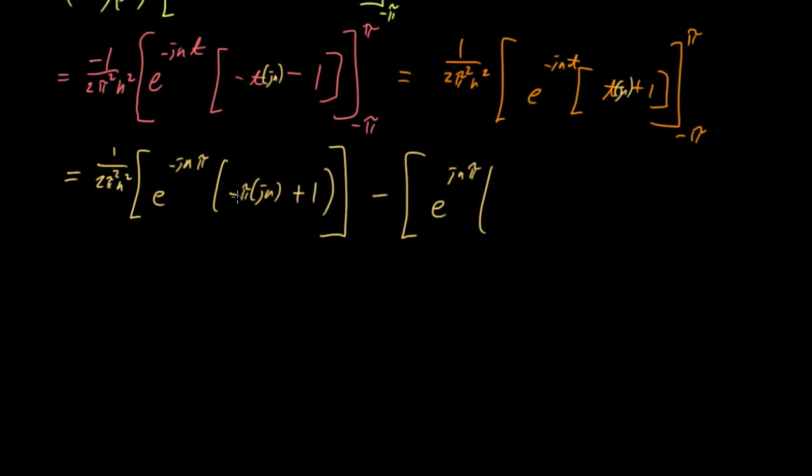What's this piece equal to? Let me put it this way: let's say n is 1. For n equals 1, that piece is going to be e to the negative j pi. What's this piece going to be equal to?